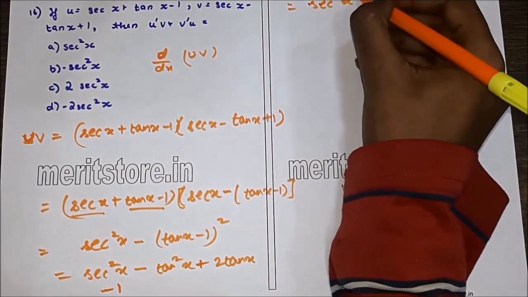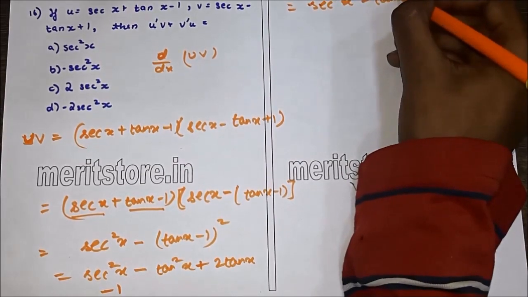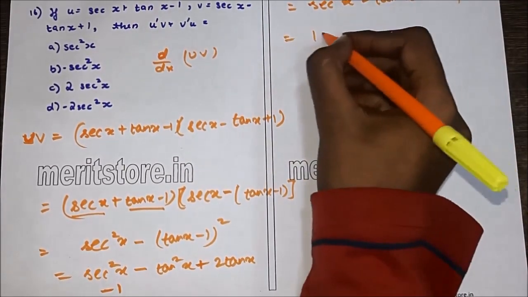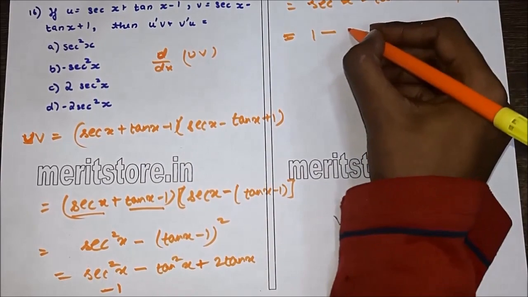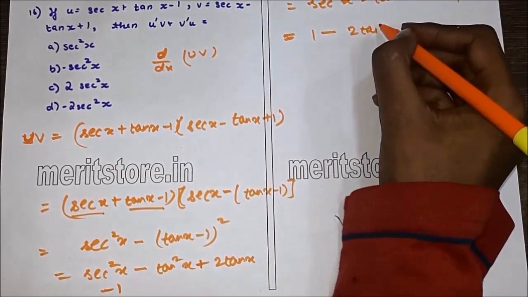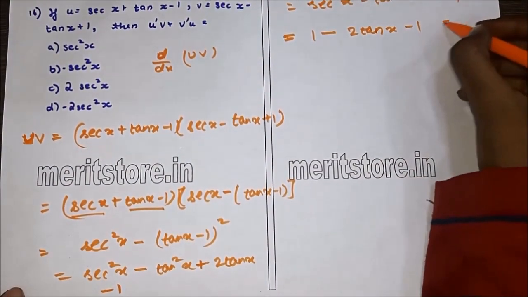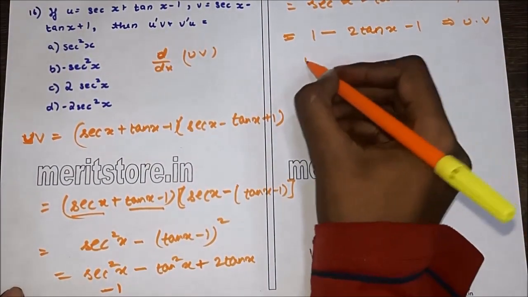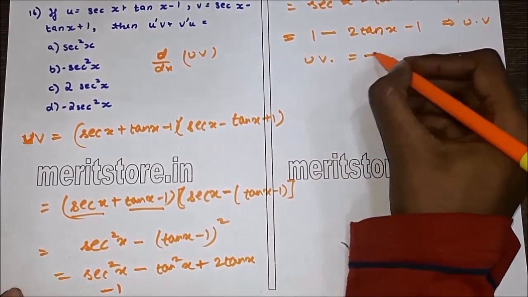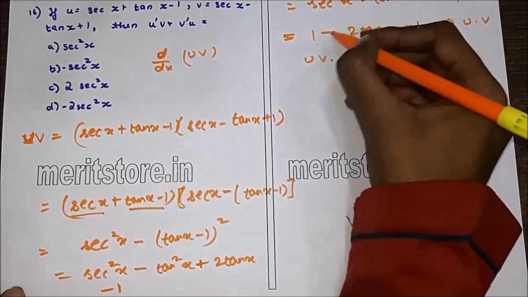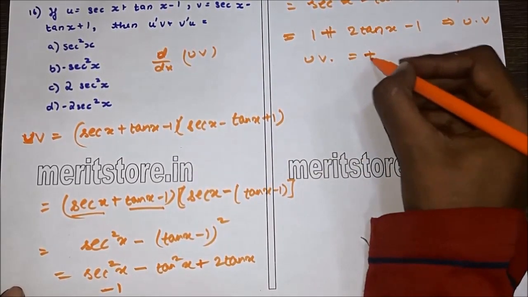Now sec square x minus tan square x is 1, so 1 minus 1 plus 2 tan x, so u into v is plus 2 tan x.